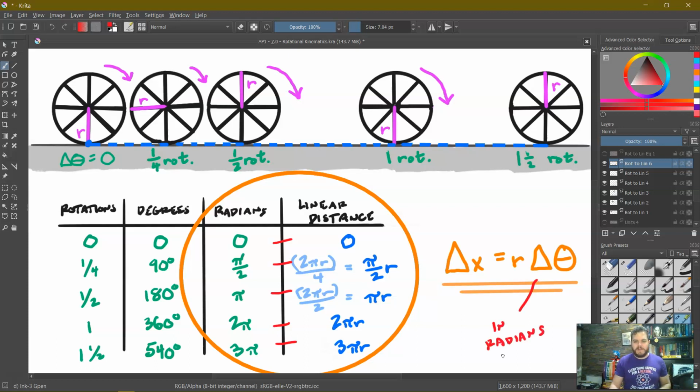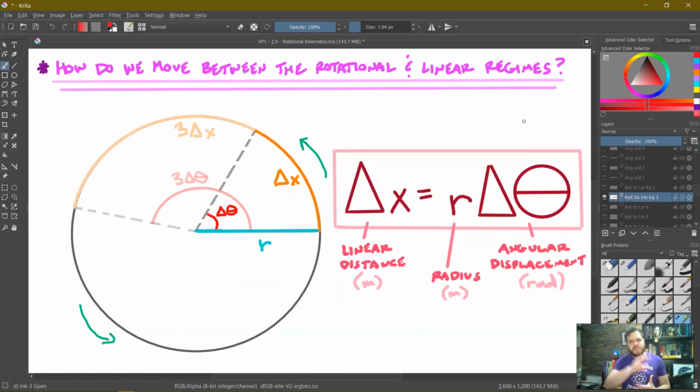Not in degrees, not in number of rotations, but in radians. And this is really the reason why we want radians specifically. So how do we move between a rotational regime and a linear regime? And really what we mean by that is, how do we move between the angle that an object has rotated through and the distance that points on that object have traveled?